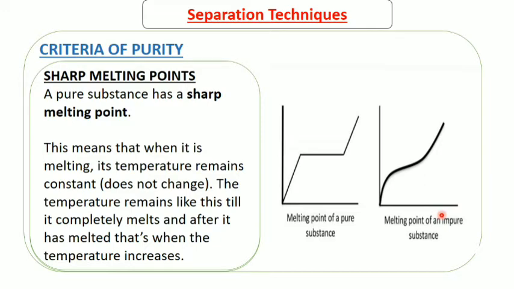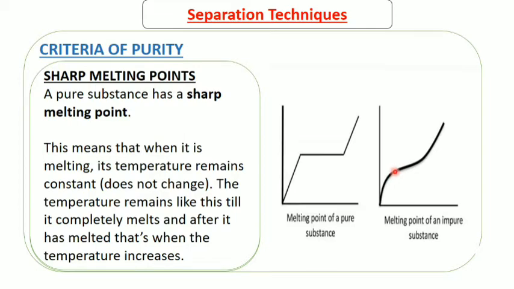So in terms of the graph, this is what I've just explained. As you keep on heating, the temperature will be rising with time. Then at some point, the substance will melt, but not all of it, only part of it. For example, if this was water, the melting point of water is 0 degrees Celsius. So if you reach this temperature, then part of the substance is going to melt, but not all of it.